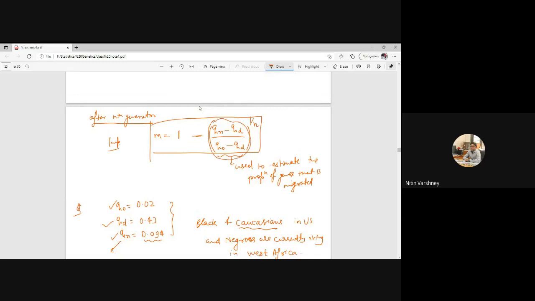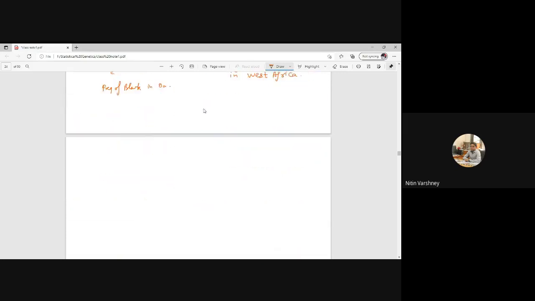So this type of question can come in the exam, that the ratio is Qn minus Qd divided by Q0 minus Qd. So what we are doing here: nth generation gene frequency minus after migration gene frequency, divided by initial gene frequency minus the same after migration frequency.